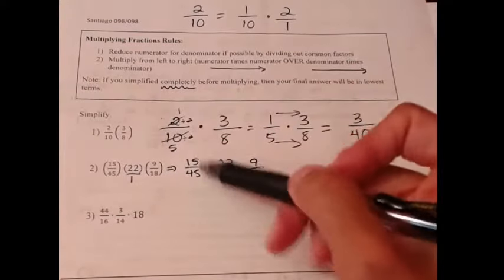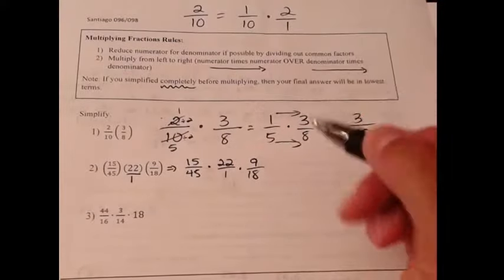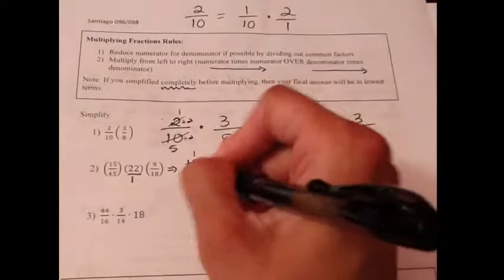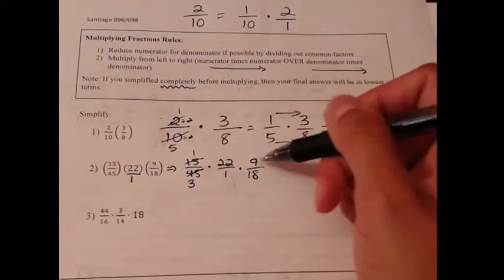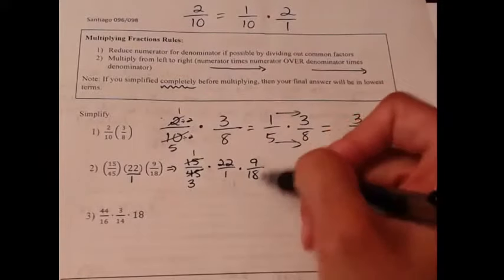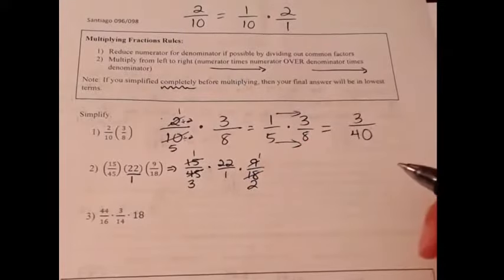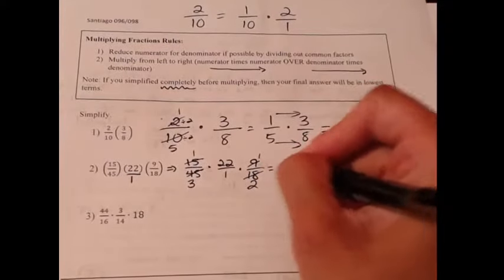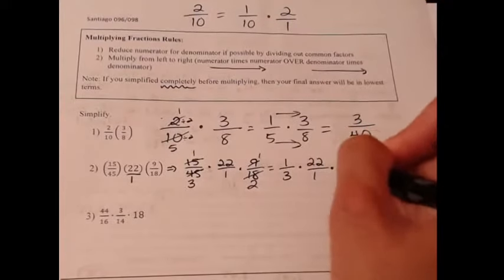And so you said, let's reduce within the parentheses. So within the first parentheses was 15 over 45. We divide both by 15 and we get 1 over 3. Cool, right? And then we look at the 9 over 18 and we say, oh yeah, definitely. 9 can go into itself once and 9 can go into 18 twice. So let's rewrite. We have 1 over 3 times 22 over 1 times 1 over 2.